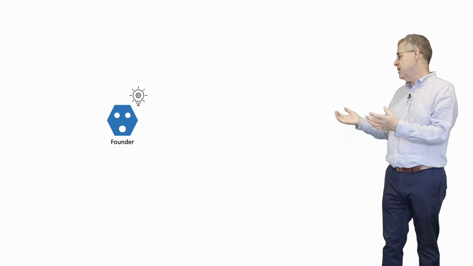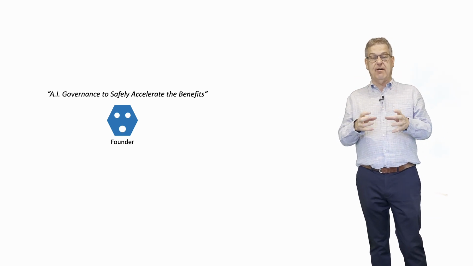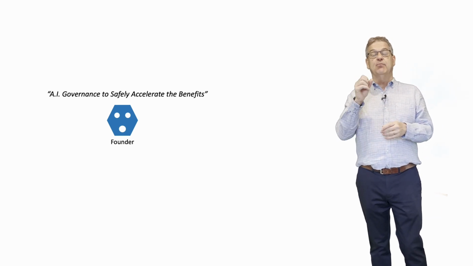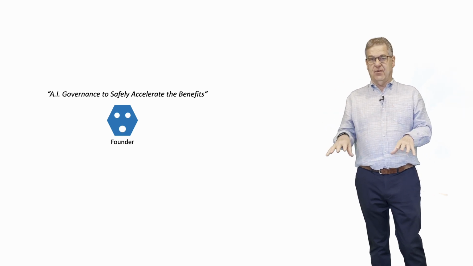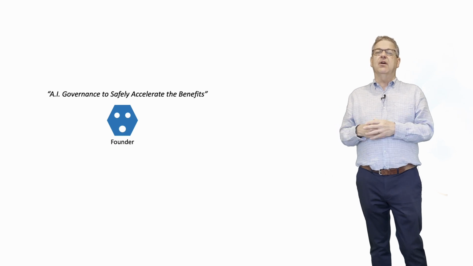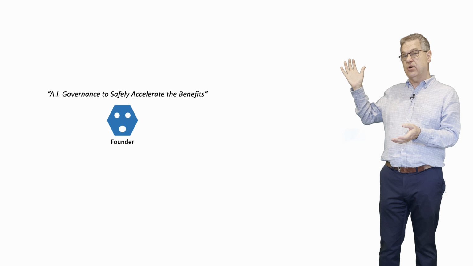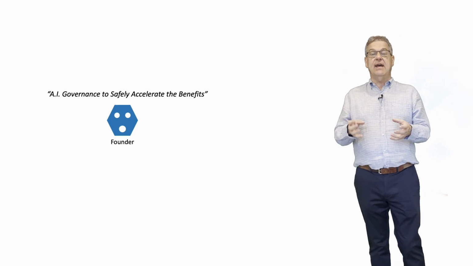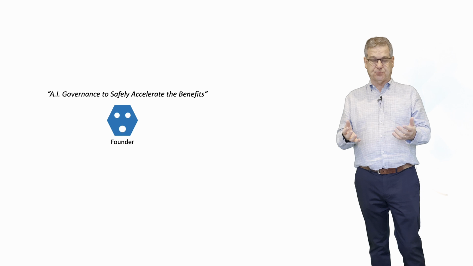So her great idea for her startup is to build an AI governance platform to safely accelerate the benefits. Now, this is not new, right? There's many companies out there doing this already. But her idea is to use cybernetics. This is the Stafford Beer work, because in cybernetics, they understand how to manage complexity.